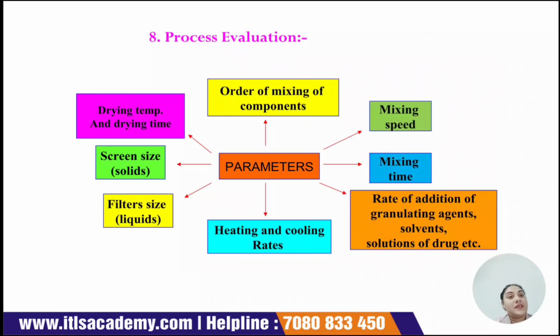So the mixing time, mixing speed, rate of addition of granulating agents, solvents, solution of drugs, etc., and the order of mixing of components. These are the parameters involved in the process evaluation.